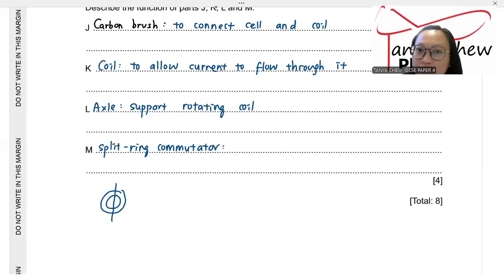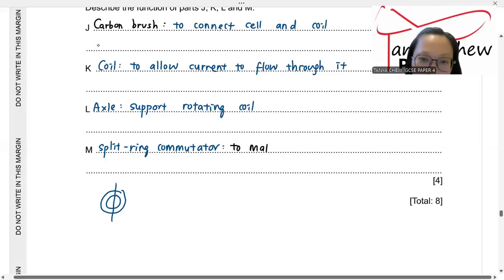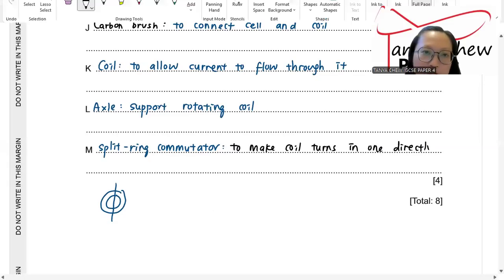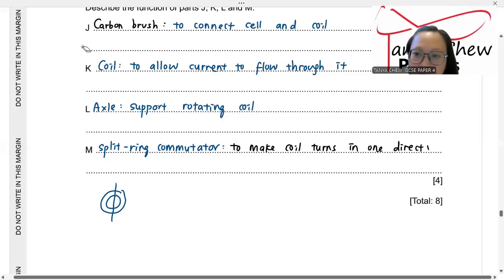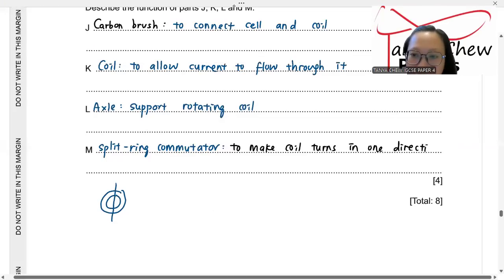So what is the function of the split ring commutator, which used to be super duper important in most of the past year physics papers, right? It is to make sure the coil turns in one direction only. How?